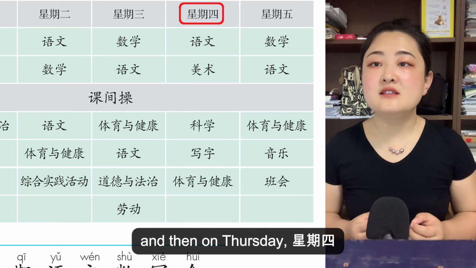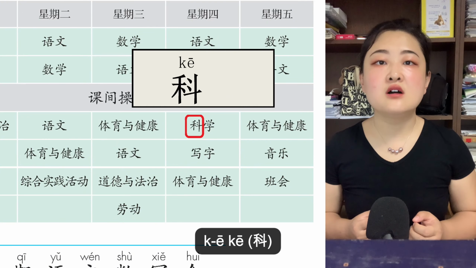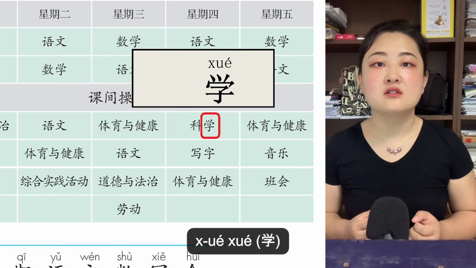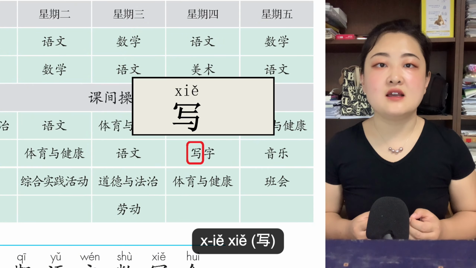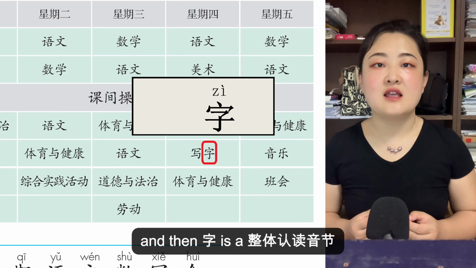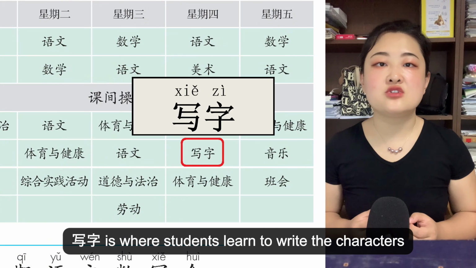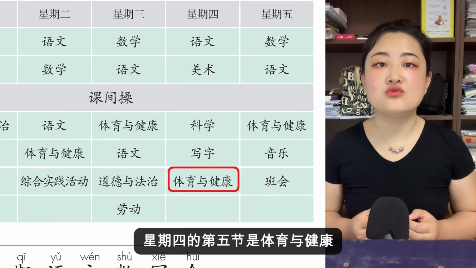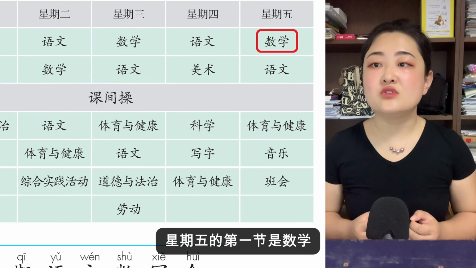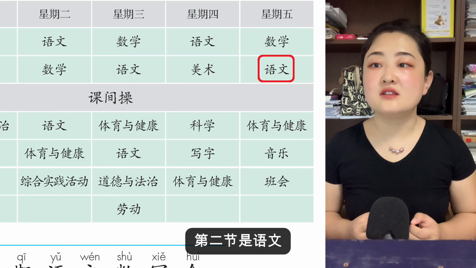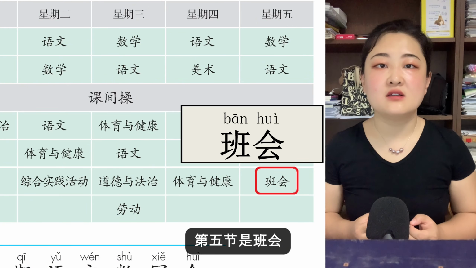And then on Thursday, 星期四，第一节是语文，第二节是美术，第三节是科学，科学 means science. 第四节是写字，repeat after me, 写字. 字 is a 整体认读音节，写 means to write and 字 means characters. 写字 is where students learn to write the characters. 星期四的第五节是体育与健康. And then Friday, 星期五的第一节是数学，第二节是语文，第三节是体育与健康，第四节是音乐，第五节是班会，班 means class.